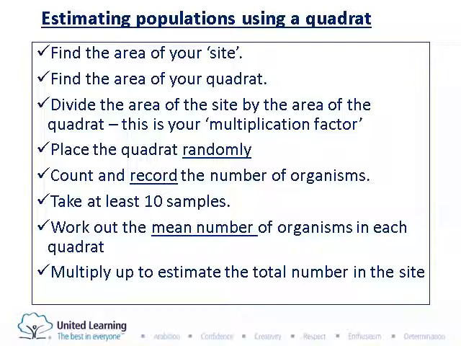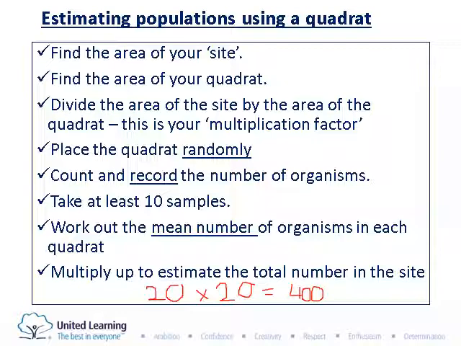So if I have 20 dandelions per quadrat and 20 quadrats that fit in my area, I just multiply them together and that will give me my estimate of 400 dandelions in my area, okay?